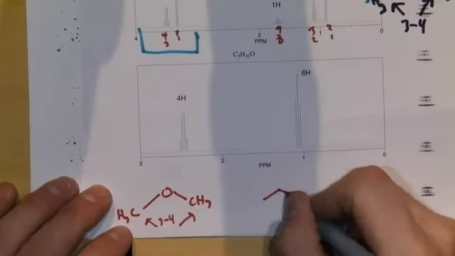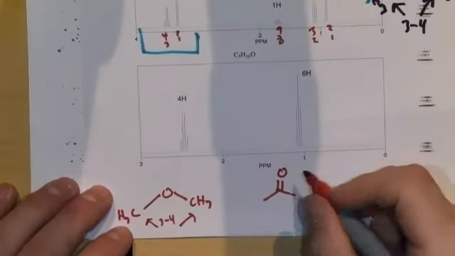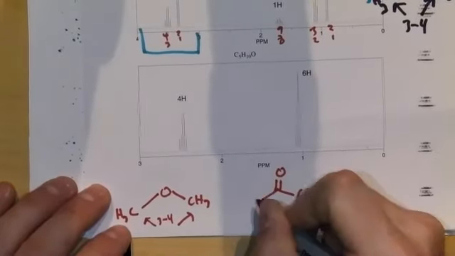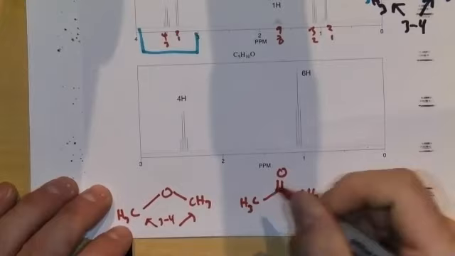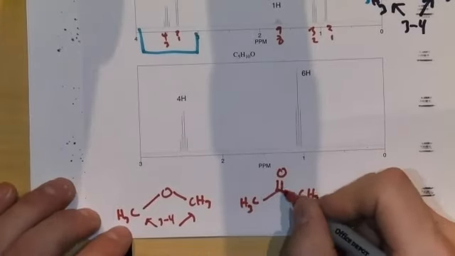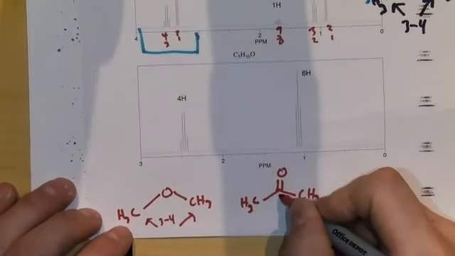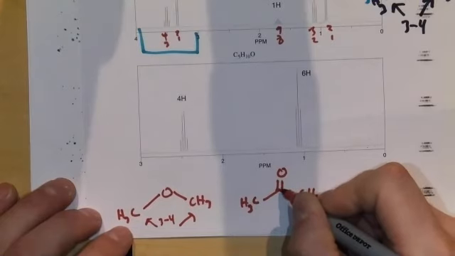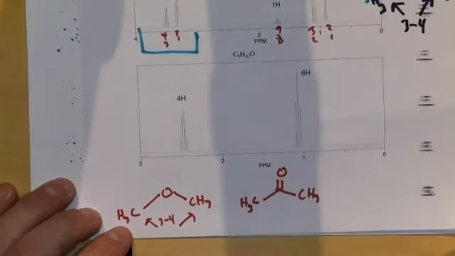For a ketone, this is the carbon that's attached to the oxygen. It has no hydrogens on it, so it's going to give no signal.